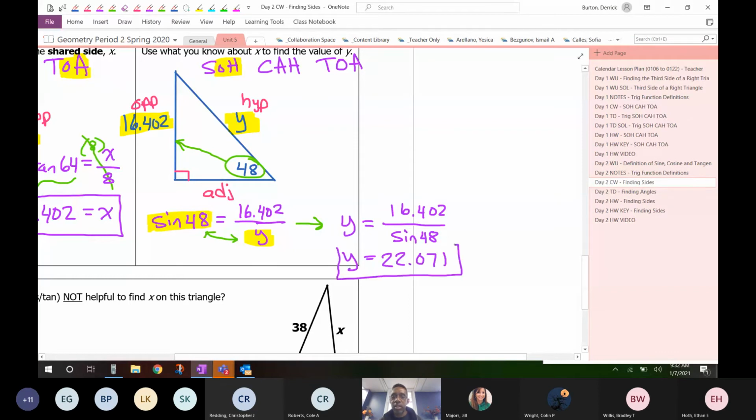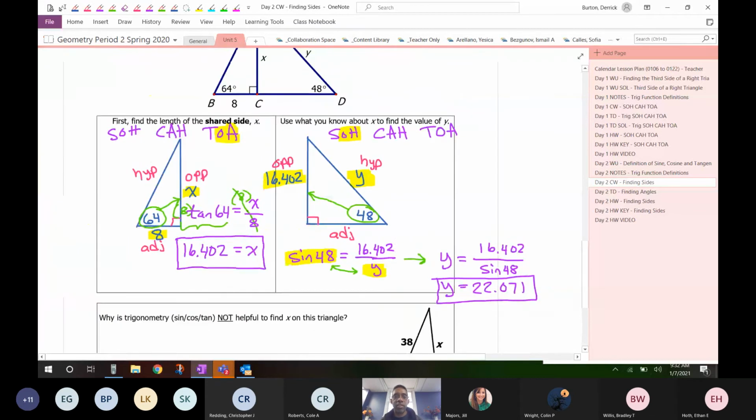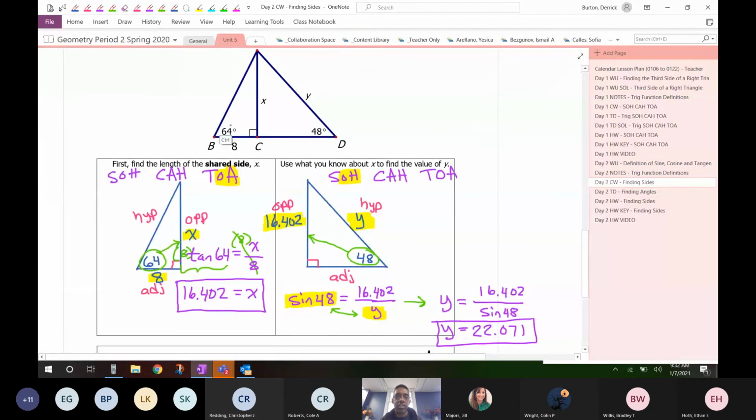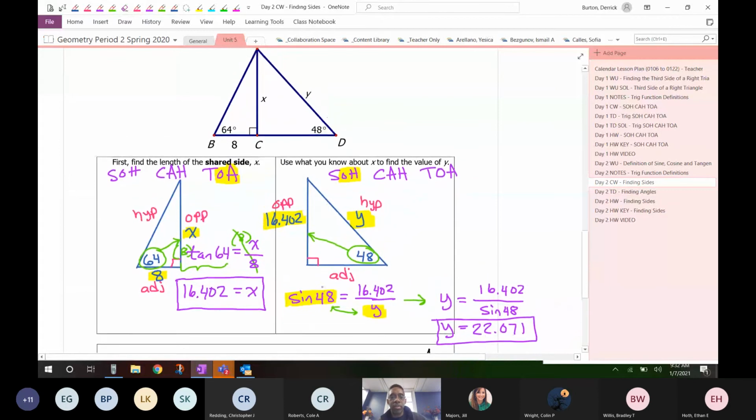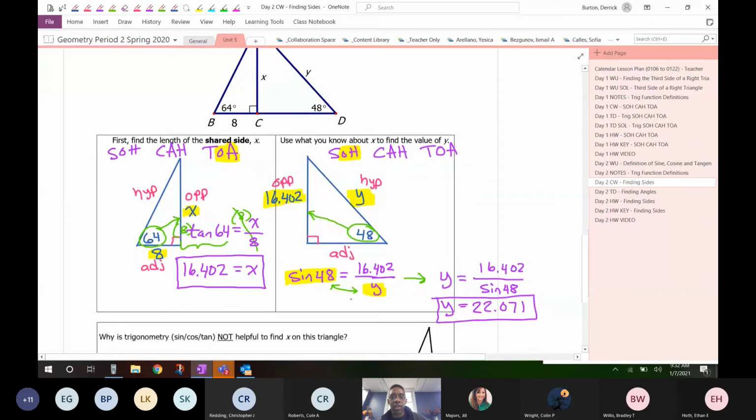Okay, so that was about as difficult as it gets. If you can understand and follow everything I just did to take this combination problem and find x and y, then you are where you need to be if you can follow all of that right now.